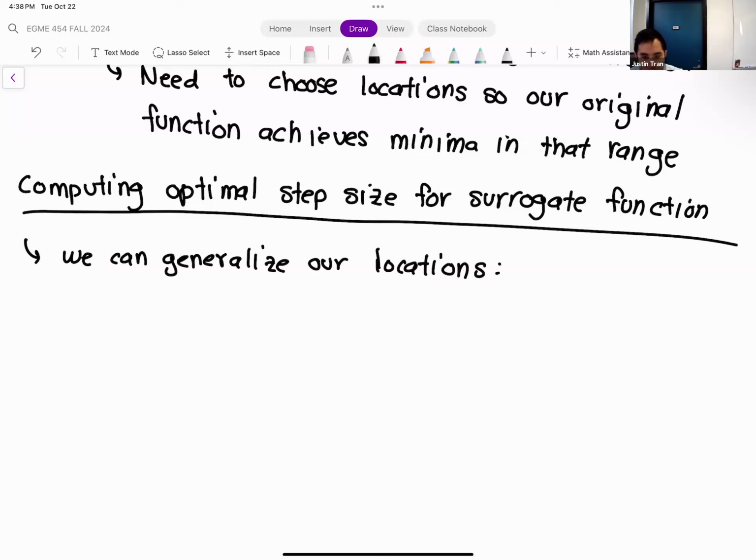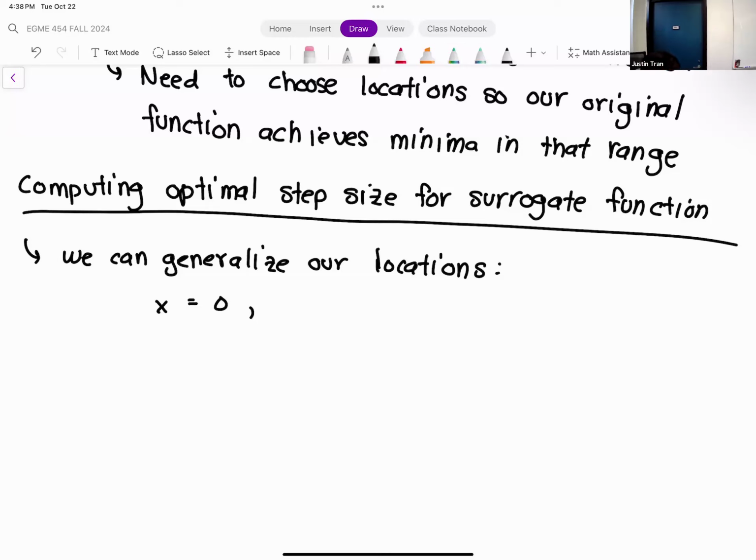remember, because we have a quadratic surrogate function, we have to do at least 3 function evaluations. Or actually, we can only do 3. So we have to choose 3 locations here. Our 3 locations are going to be x is equal to 0. We're going to make the assumption that x equals 0 is always part of our domain. Maybe not later in the algorithm, but it needs to start. So our first function evaluation is at the origin.